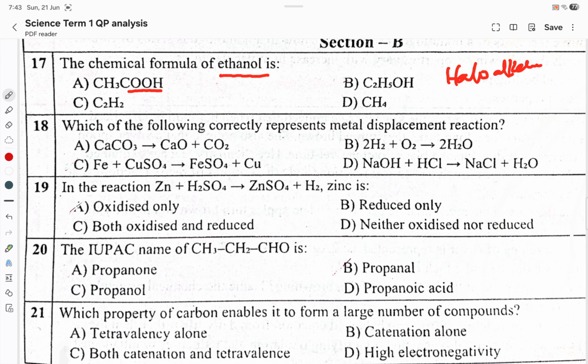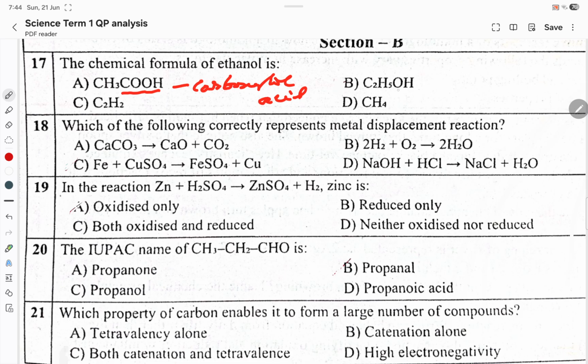Now here, question number 17: the chemical formula of ethanol is. Let us work it out. The first one here is COOH. The COOH is nothing but a carboxylic group, carboxylic acid.